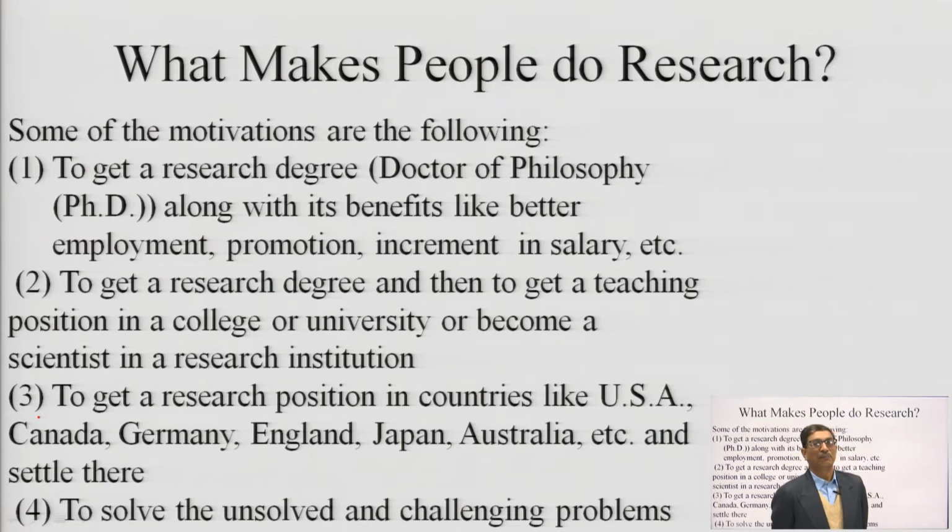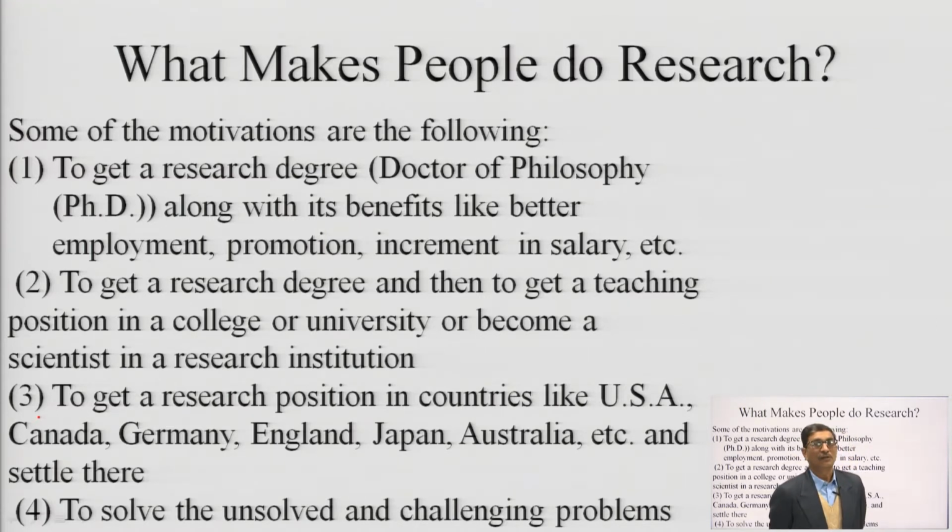Third, a point which motivates people to do research is to get a research position in countries like USA, Canada, Germany, England, Japan, Australia, etc., and settle there for a better life. This is the third motivating point. Next, to solve unsolved and challenging problems.